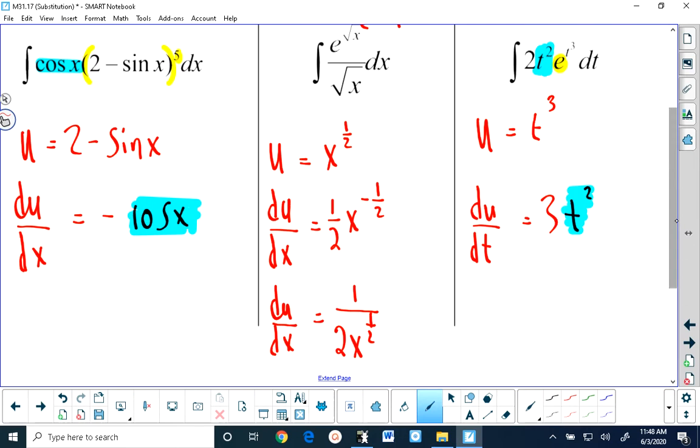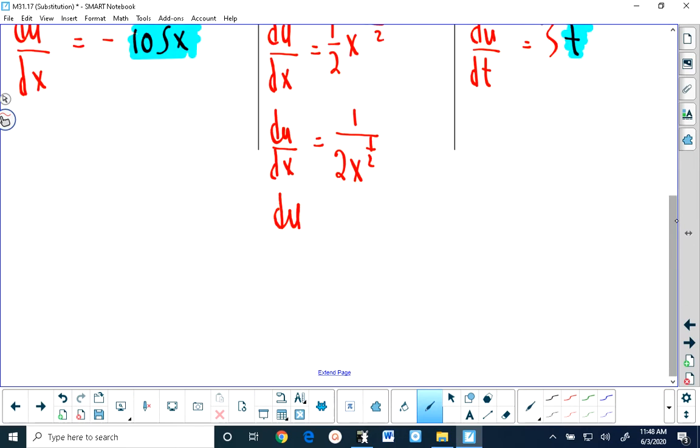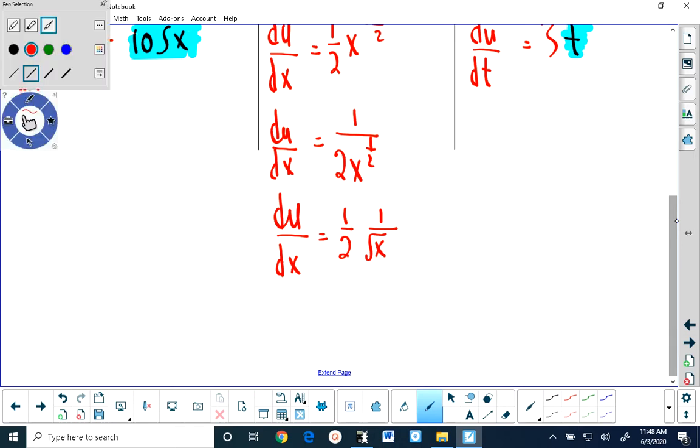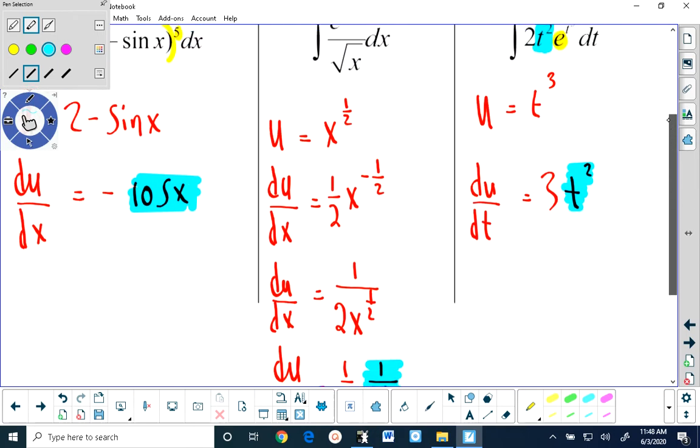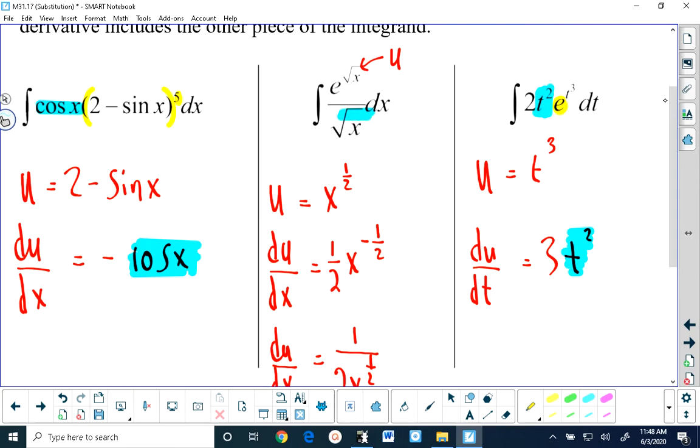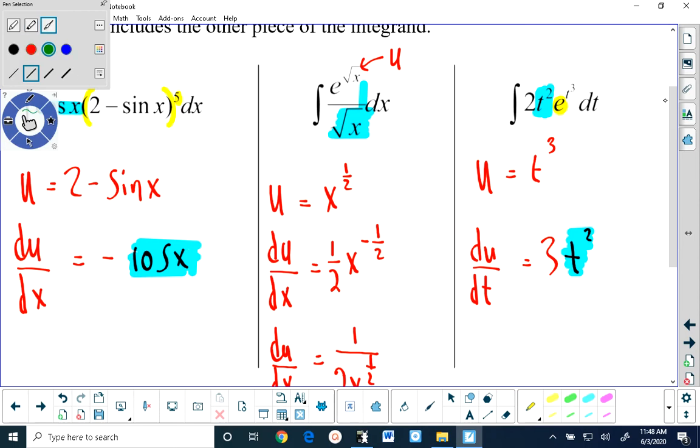So what we end up with here is the derivative of what we chose is 1/2 multiplied by 1/root x, and 1/root x is contained within what we're trying to anti-differentiate or integrate. There's a 1/root x there.